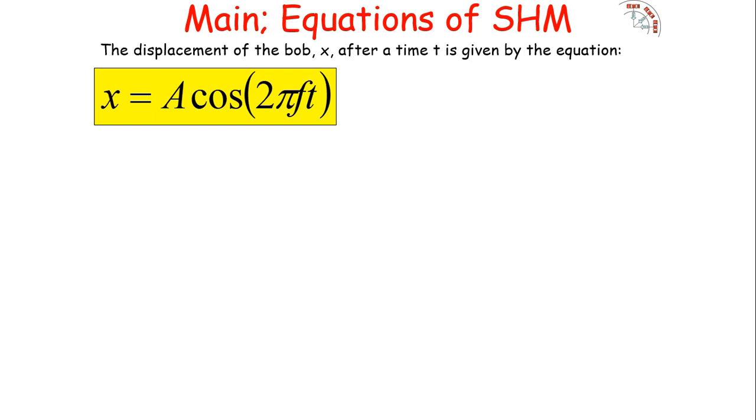The displacement of a bob from equilibrium is equal to A, the amplitude, times cos 2 pi f t, where f is the frequency of the oscillation and t is the time at which you want to know the displacement. So if it asked you what is the displacement from equilibrium at 2.3 seconds, you would set t equals 2.3. Obviously, please be mindful of the fact that we're going to be working in radians.